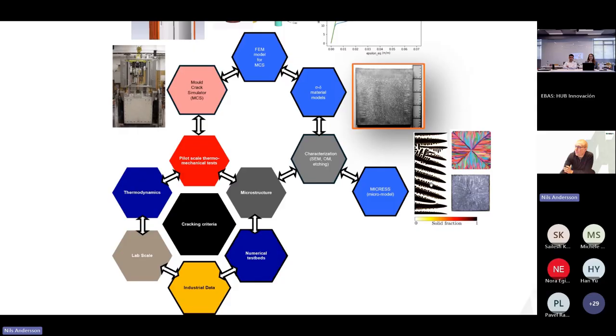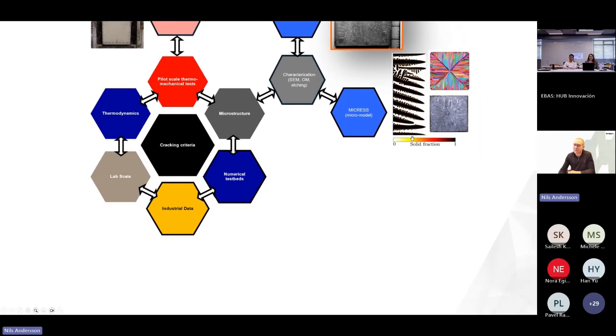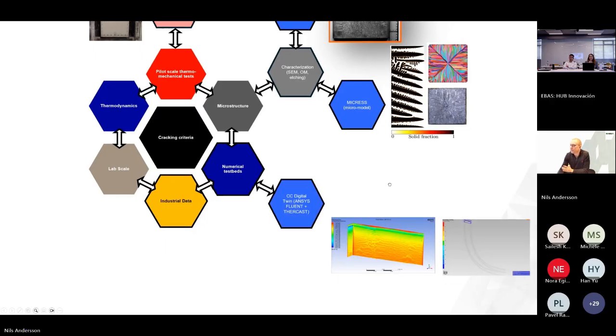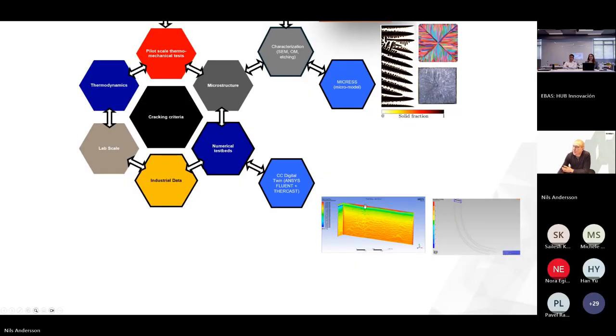And as you know, the length scales are very broad here. So on the other scale, we have our digital twin, where we can simulate the macroscopic happenings in the mold, and the slag infiltration and the shell growth from a macro perspective.